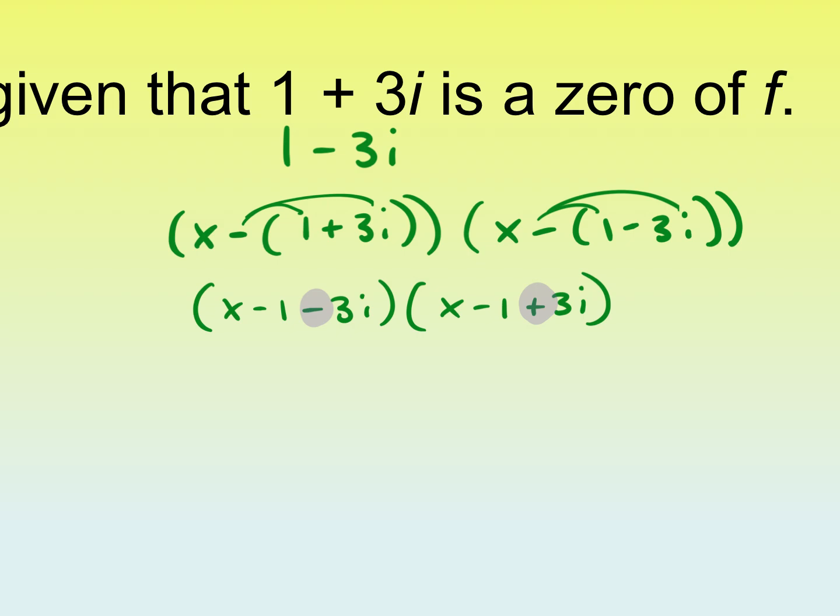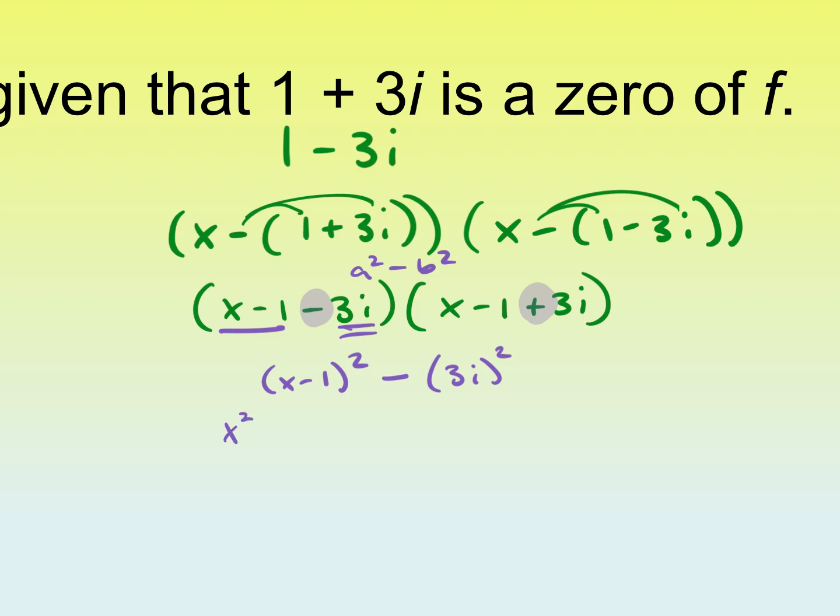So we could use our conjugate shortcut, a squared minus b squared. What would our a be here? x minus 1, perfect. So we've got (x minus 1) squared minus, what's our b? 3i. So minus (3i) squared. So for x minus 1, we've got to FOIL it out.